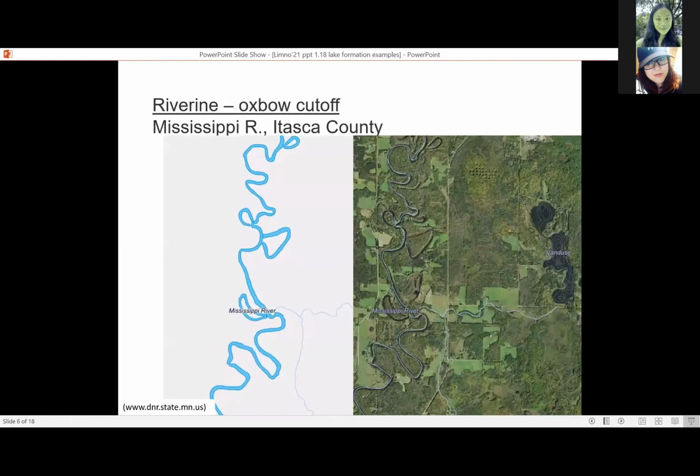Riverine lakes. Here's a picture, this is just north of Big Sandy Lake and Savannah Portage State Park, west of Duluth. And here's the Mississippi River going through a very, very flat landscape.